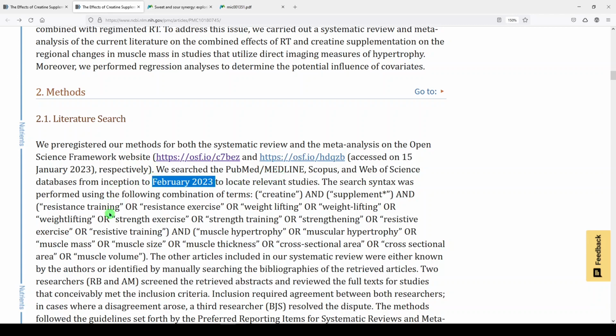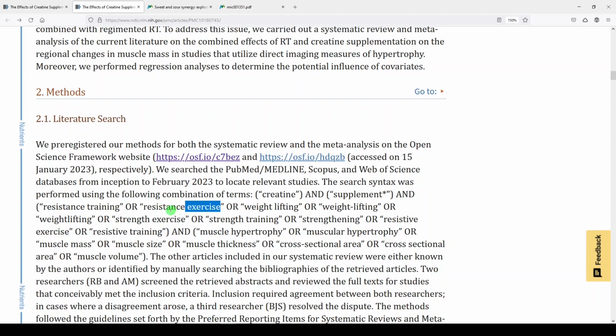The search syntax was performed using the following combination of terms. I would probably look up creatine in the medical subject heading database and see if there were any synonyms there for creatine. Supplement, so that would catch supplement, supplements, supplementation. That's good. And resistance training, resistance exercise, weightlifting. Okay, I really like that they have variations here.